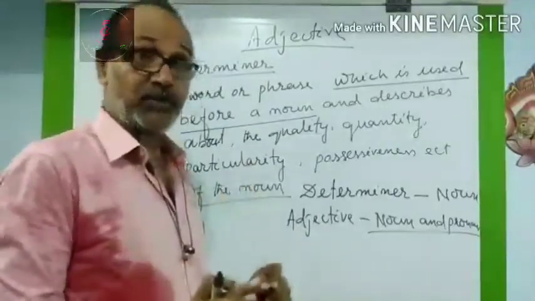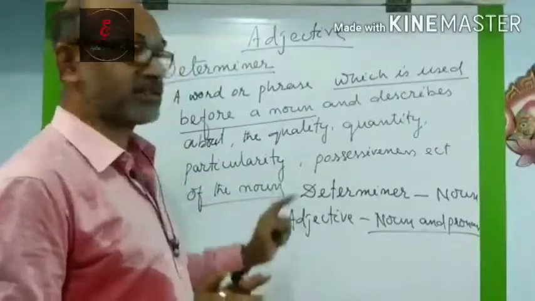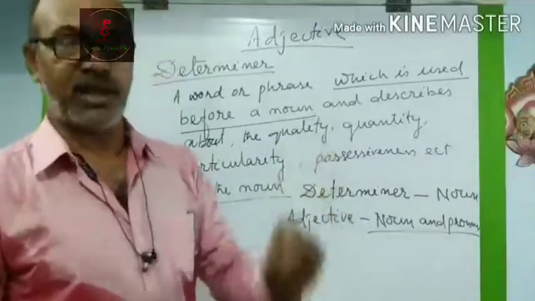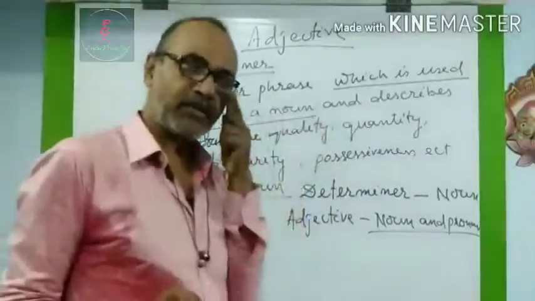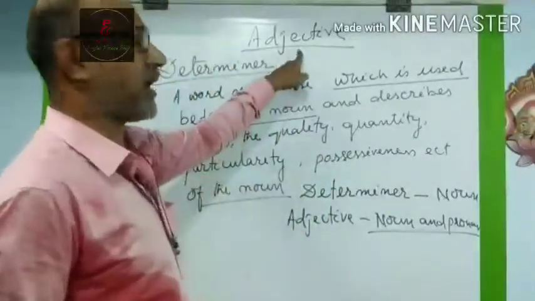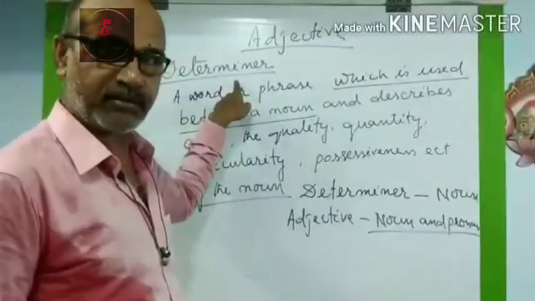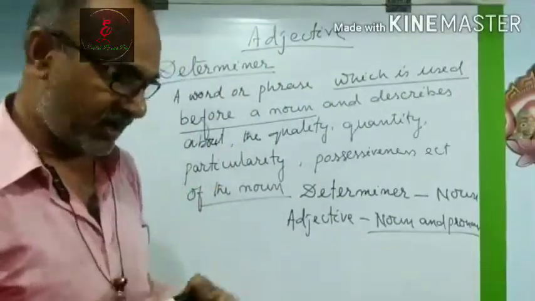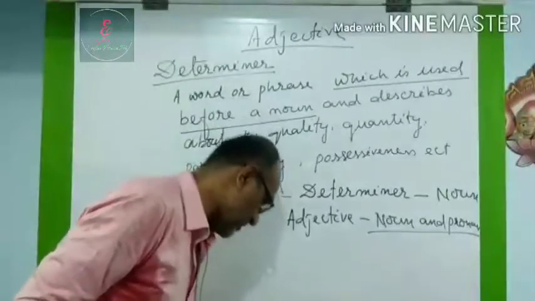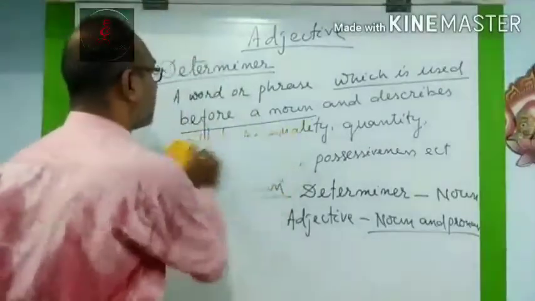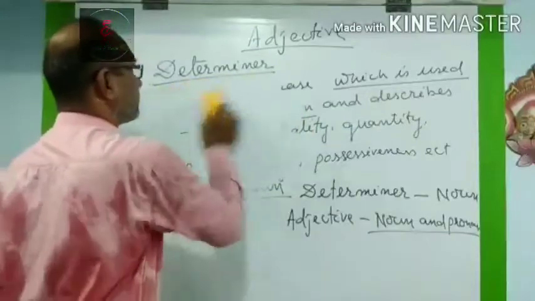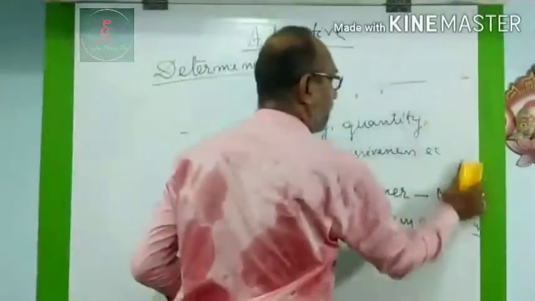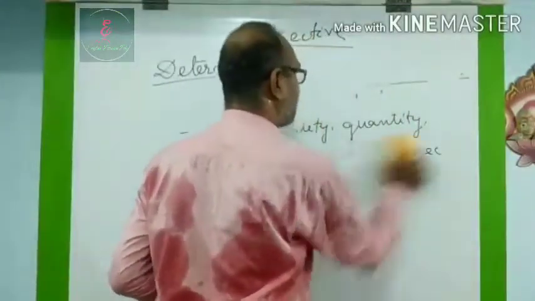It is very important to understand the differences and similarities about anything. So here it is about adjective and determiner. Yes. Now we will discuss the similarities. The similarities are about the types. So now the types of determiner or types of adjective.